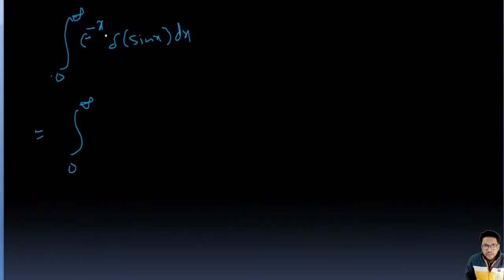So for delta of sin x, this is going to be e to the power minus x, and this value we know now.